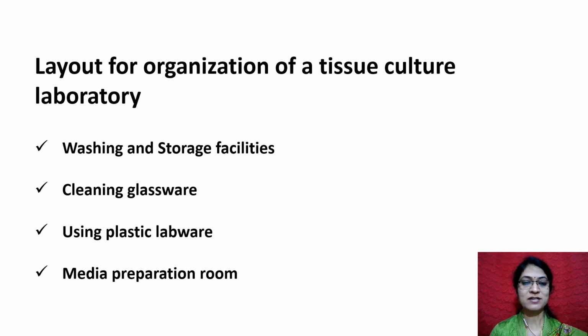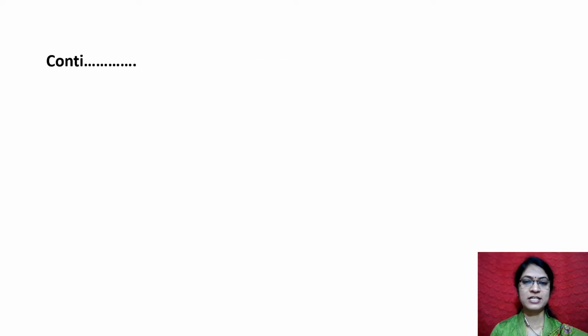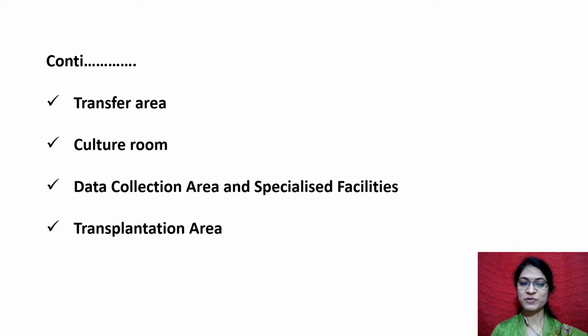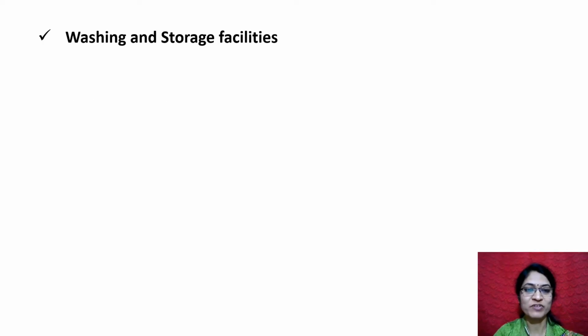The media preparation room is very important, and we will discuss what equipment is kept there. The next facility required is the transfer area. Next are the culture room, data collection area and specialized facilities, and transplantation area. Let me illustrate one by one.